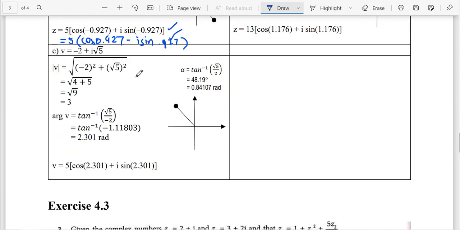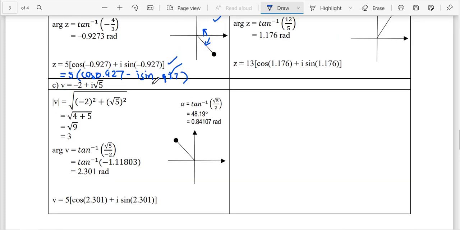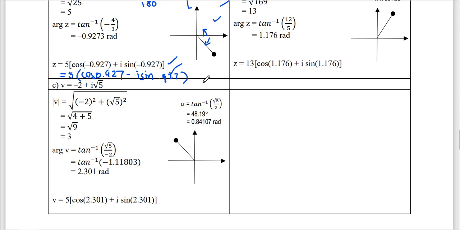Okay, the third one. You have to draw the graph. Yes, roughly, because they didn't ask you to draw, it just helps you to find out which quadrant the complex number is at. So you must know, if not, maybe you will give the wrong angle.